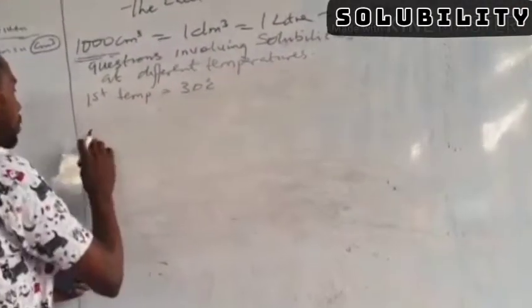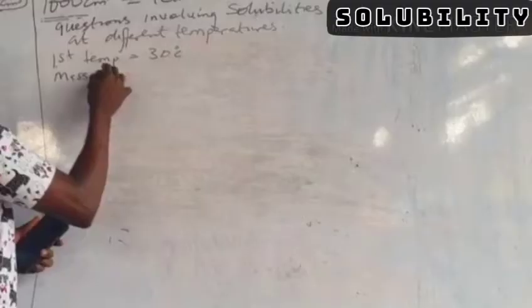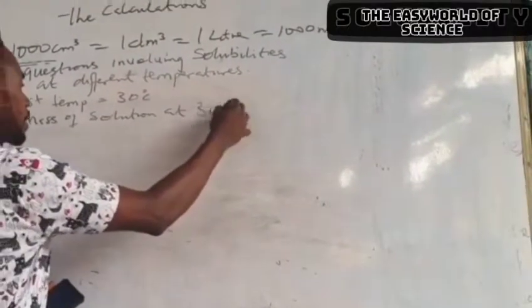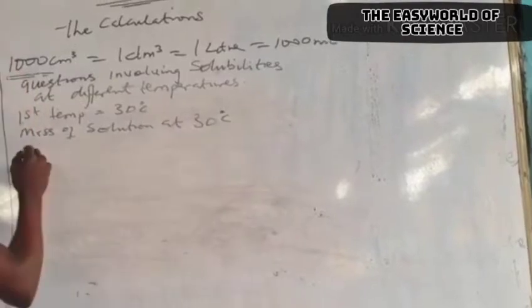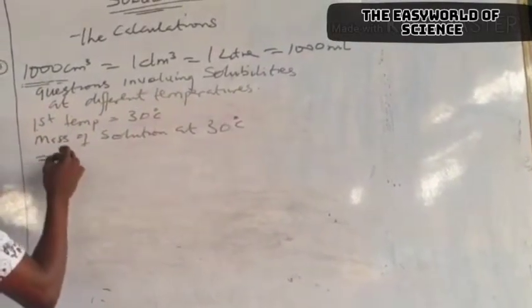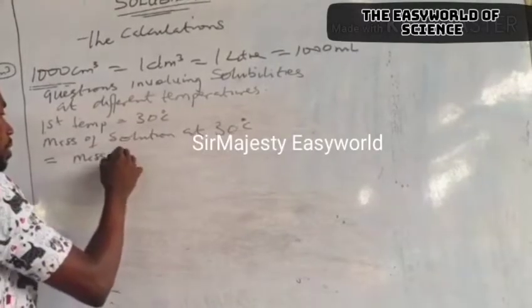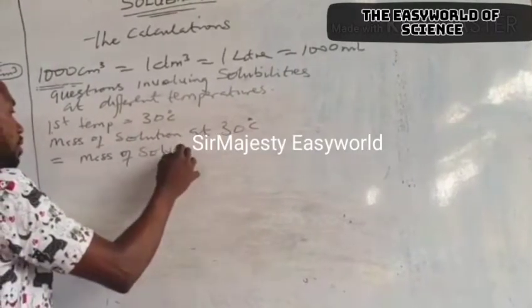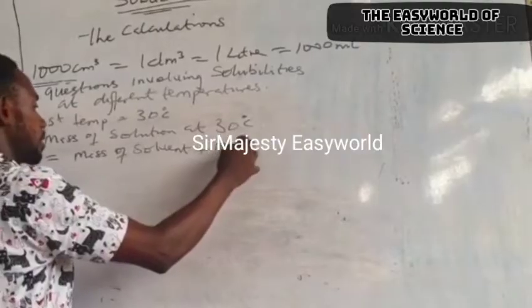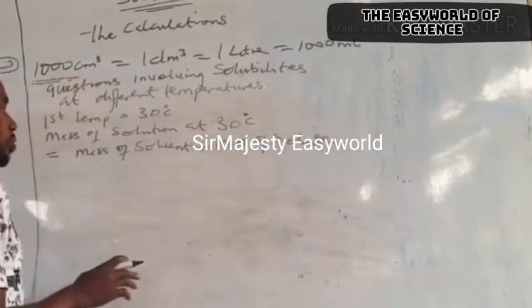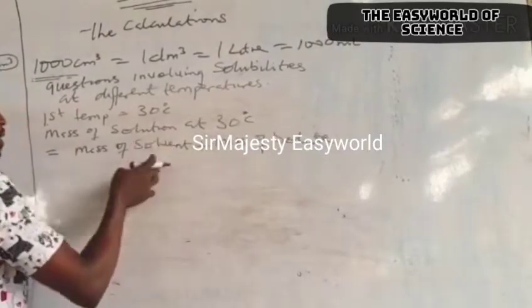Then you take a look at the mass of solution at 30 degrees Celsius. Remember that mass of solution is equal to mass of solvent plus mass of solute, because solution is made up of solute dissolved in a solvent.